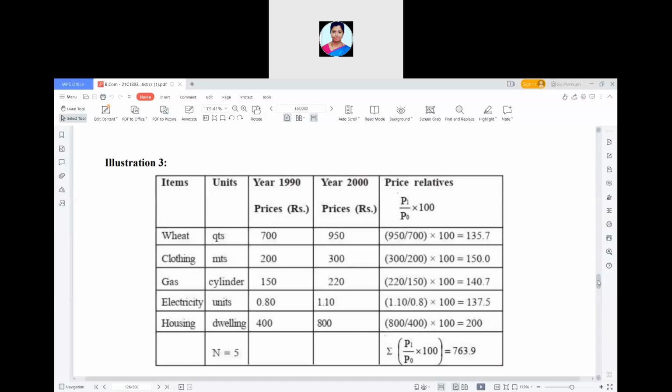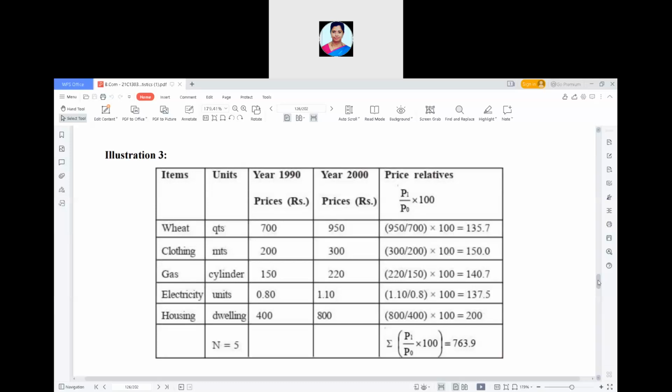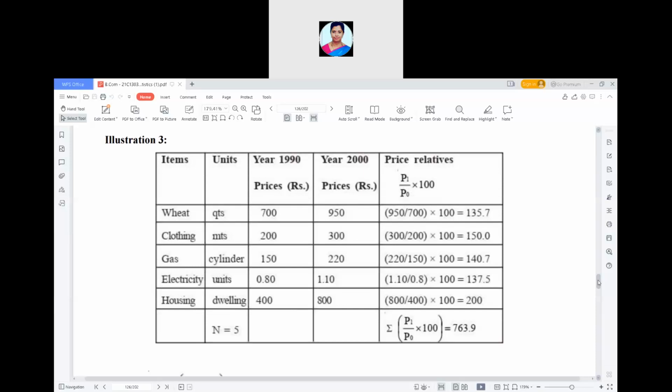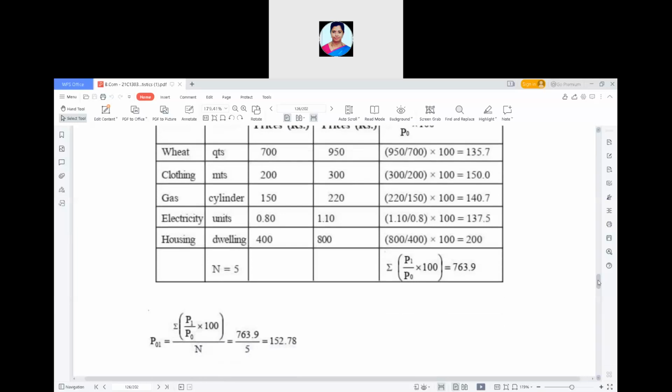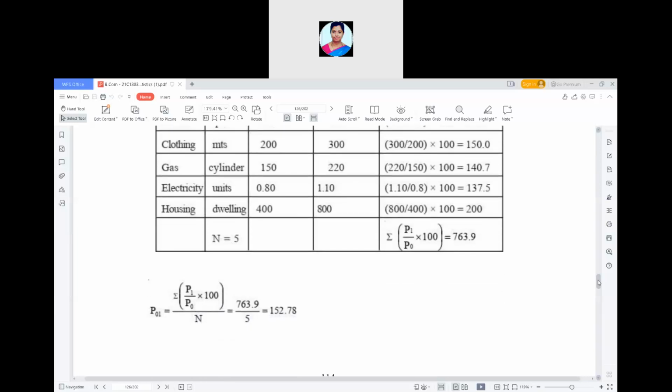Now we take the summation of all these, and we have 763.9. So the price index P01 is given by the summation of P1 by P0 into 100, divided by N. The number of commodities we have is 5. So 763.9 divided by 5 is 152.78.